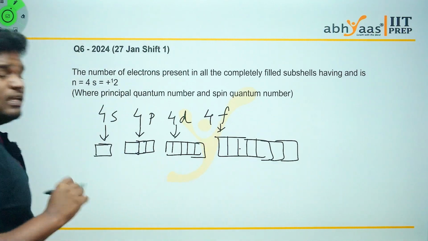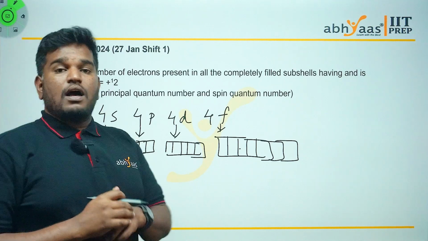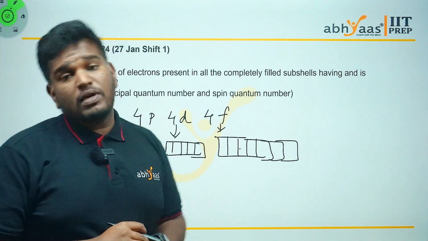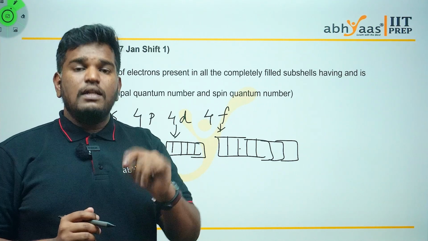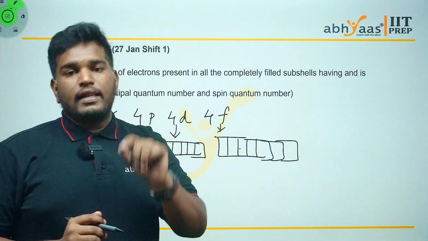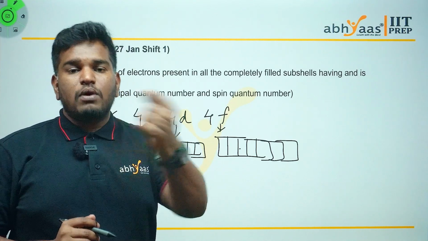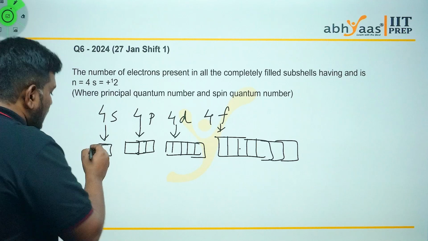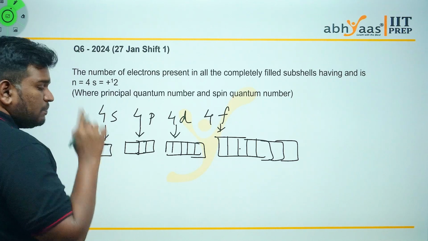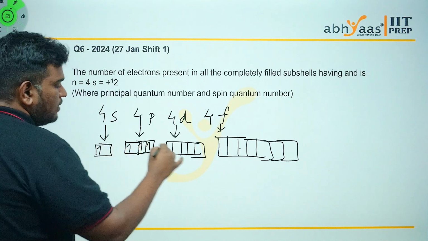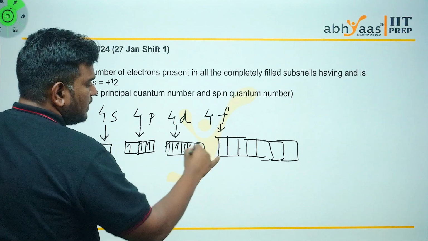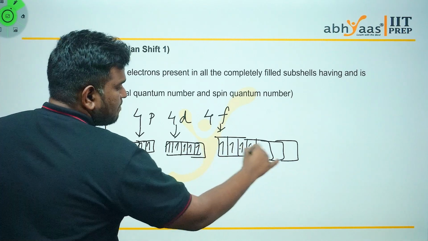So they are asking, in these orbitals, how many electrons will have plus 1 by 2 spin? You know that in an orbital, you will have an electron with plus 1 by 2 or minus 1 by 2. So here, in this orbital, there will be one electron with plus 1 by 2. Here also 1 will be there in each orbital.